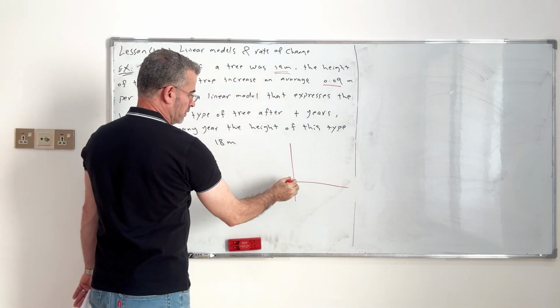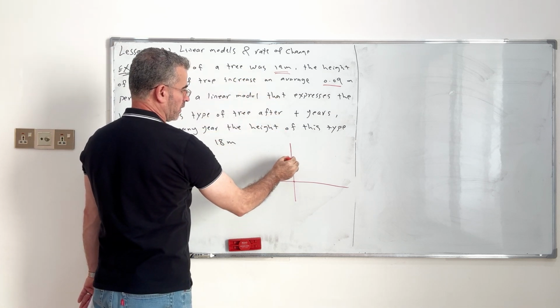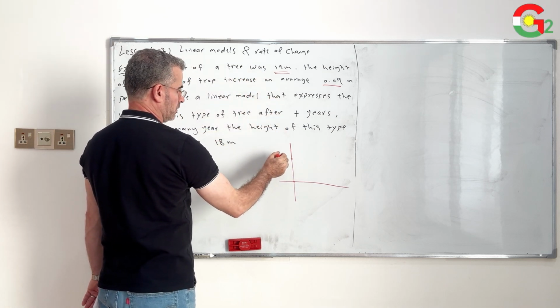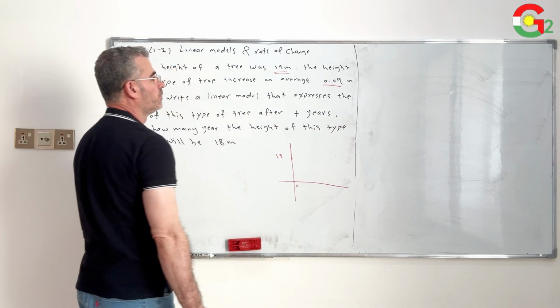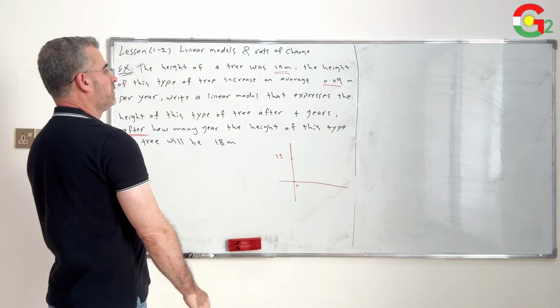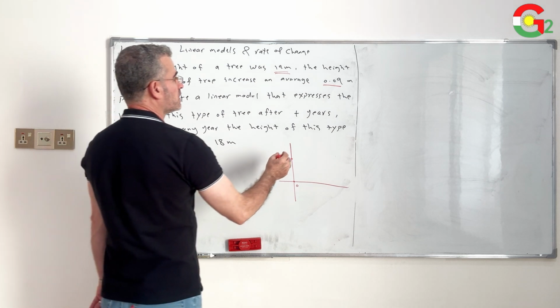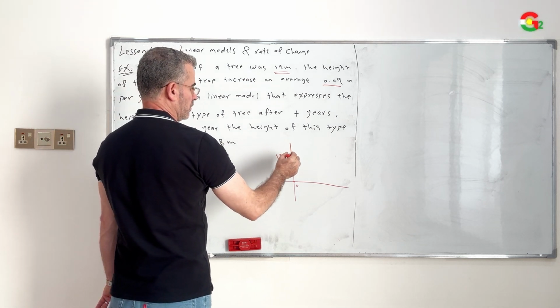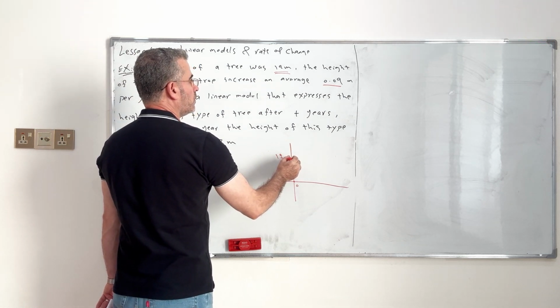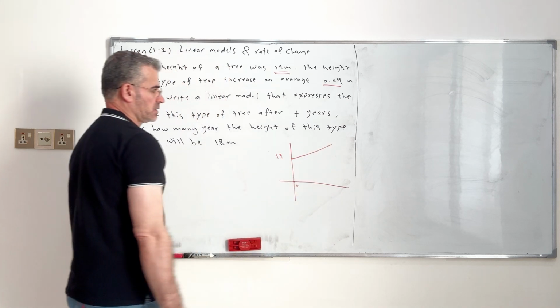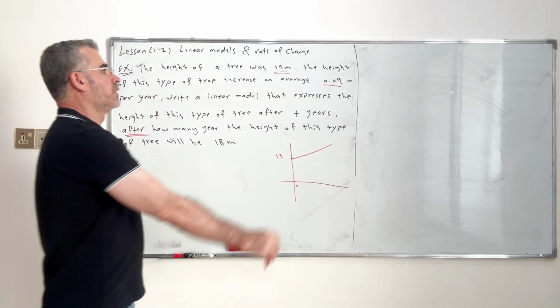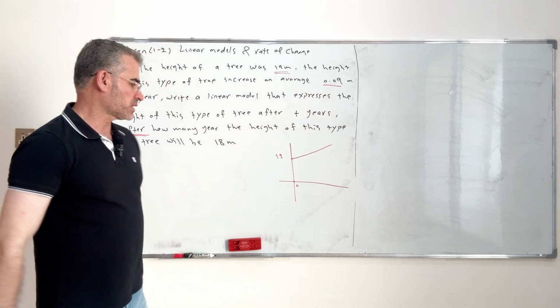The height was 12 meters when t is 0. The average rate of change is 0.09. Then the tree increases, the average is positive.